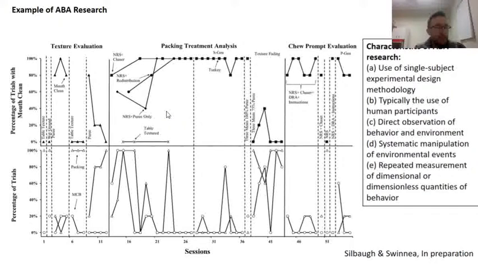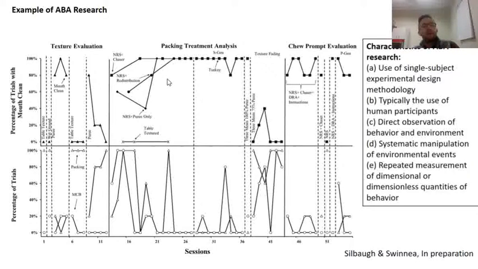And these data suggest that NRS plus chaser is more effective than NRS plus redistribution or NRS plus puree, but the findings are limited only to this participant. We cannot make claims about the generality of the findings until this study is replicated in additional participants.